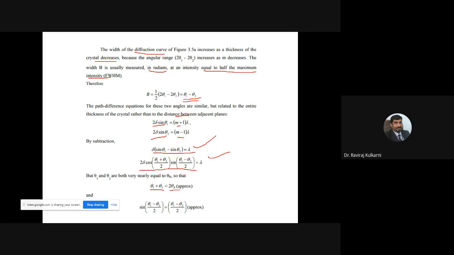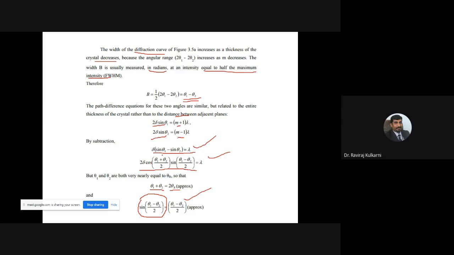I am just taking this approximation, which is valid for small angles.